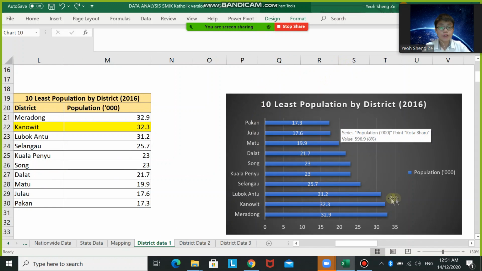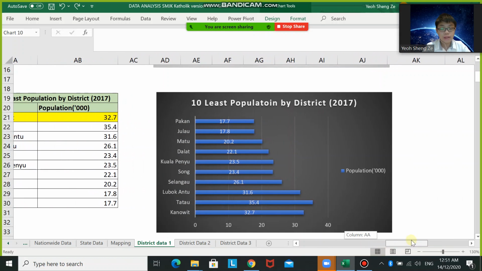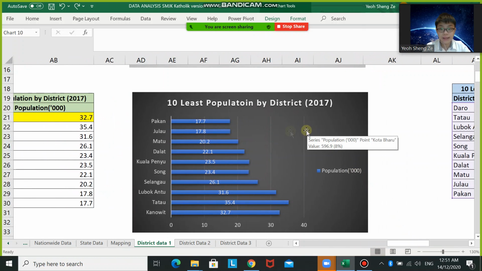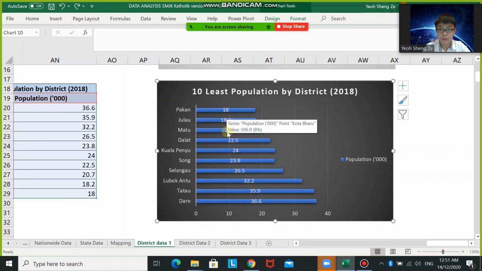This chart shows the 10 least population by district in year 2016. As you can see here, Bakan, Julau, and Matu are the 3 least populated districts in Malaysia. 2017, again, Bakan, Julau, and Matu. And in 2018, Bakan, Julau, and Matu again.